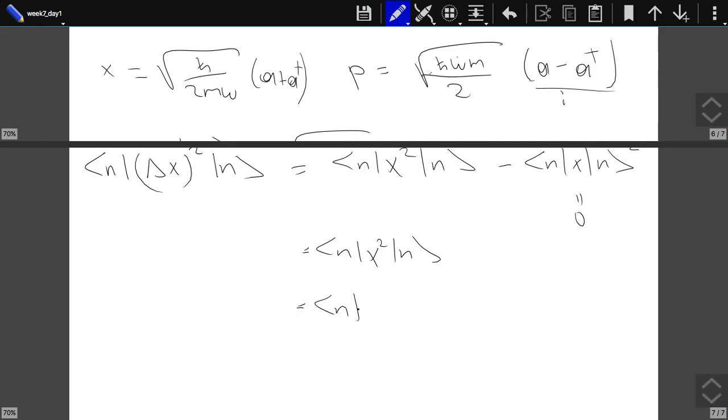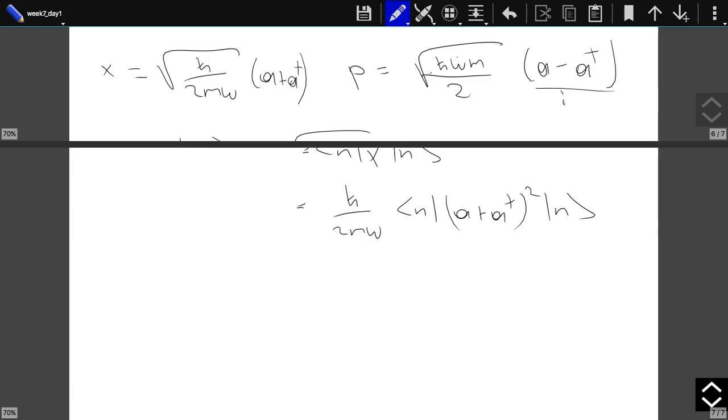Well, x is given by, let me write the overall coefficient outside, ħ/2mω, times (a + a†)², and this is equal to ħ/2mω times (a² + a†² + a a† + a† a).